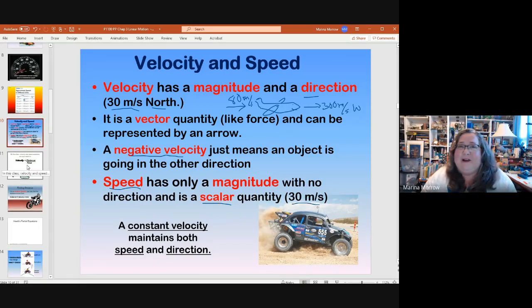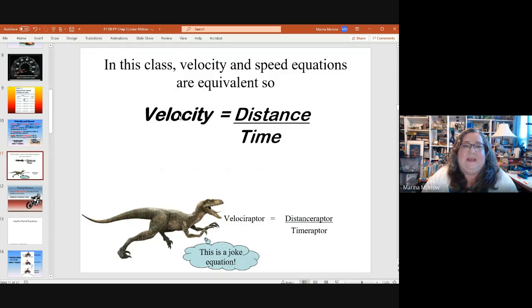Mass and weight are not the same, as we talked about in the metric system review, and one is a vector and one is a scalar. The formula for velocity, we're also going to use as the formula for speed. We're pretty much going to always use V for velocity because it's a lot easier to write. If you write S for speed, it just looks like a 5.